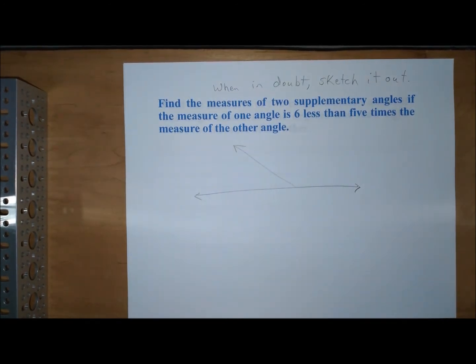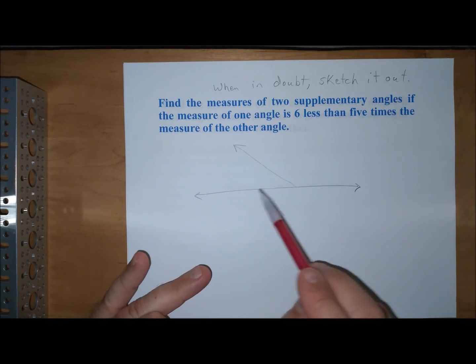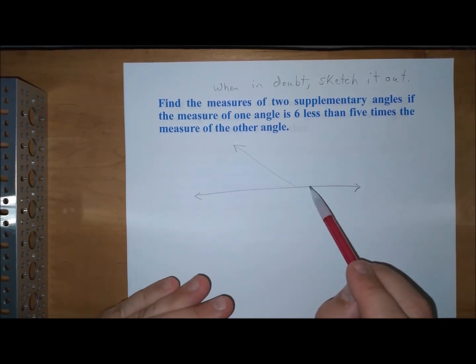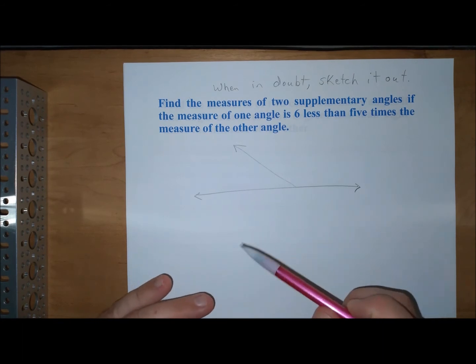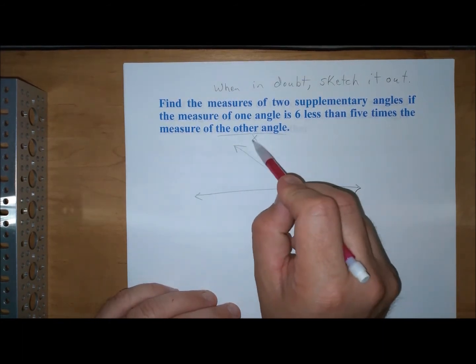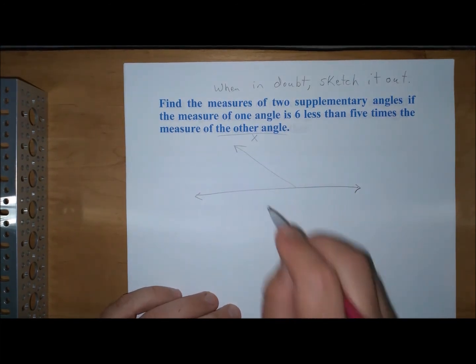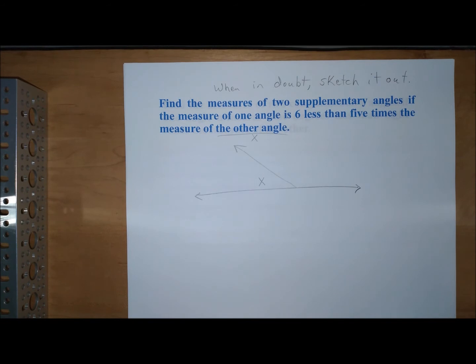Okay, let's read it again. Find the measure of two supplementary angles if the measure of one angle is 6 less than 5 times the measure of the other angle. How about I call x the other angle? Call x the other angle. Let's read it again.